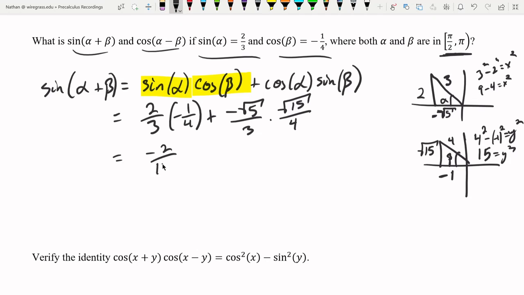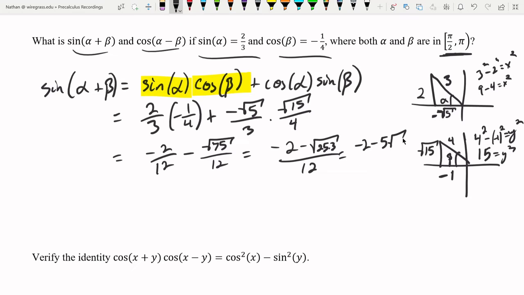So we have negative 2 over 12 plus, or actually a minus, root 75 over 12. Root 75 is the same thing as root of 25 times 3. So we get negative 2 minus 5 root 3 over 12.